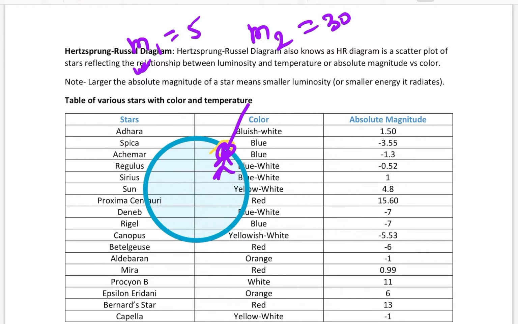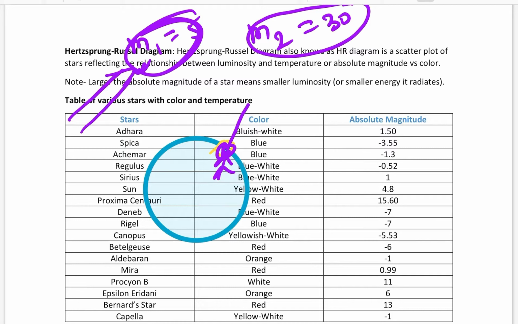As this value is smaller than that of the M2 star, the M1 star would appear much brighter than the M2 star. In fact, the M1 star appears about 10 billion times brighter to us than the M2 star. So the apparent magnitude gives us the information about how bright it looks to us.